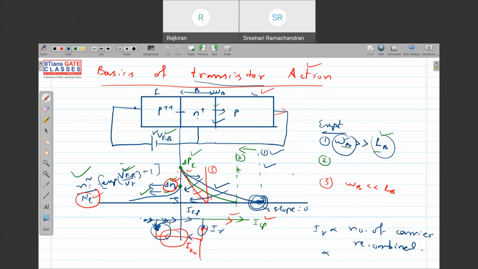So a highly efficient emitter should inject more IEP and less IEN. Clear?